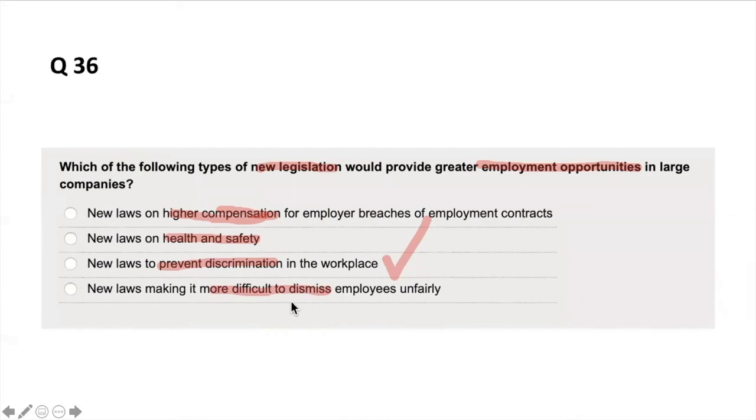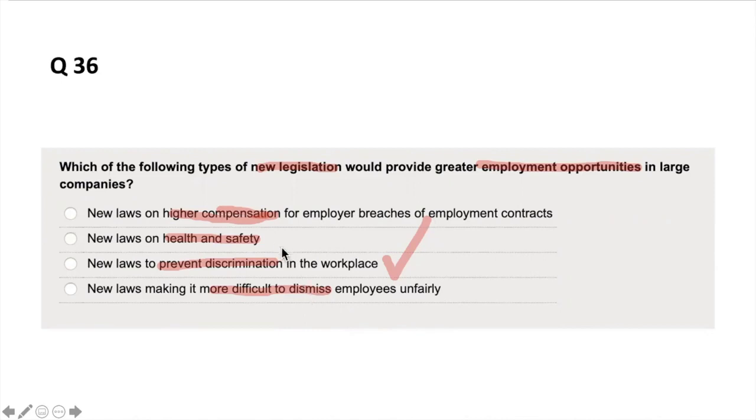So the company would have to make sure that they don't do anything that would create some sort of problem for the company with maybe a cost or a legal, let's say, issue that they may get into. So they would probably not be required to get more people, because they're going to keep the people, because they cannot dismiss them, of course, unfairly.